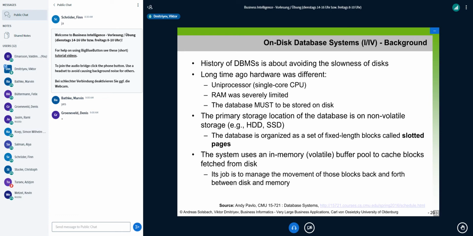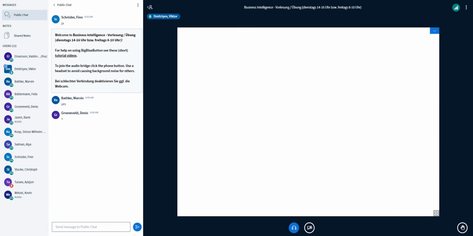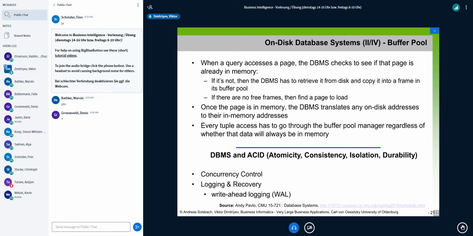So this is the background I already mentioned to you. I already mentioned this as well: the problem with the buffer pool is spinning the disk. And for instance, there is something in ACID, and particularly there is something like write-ahead logging. It's a technique to make sure that nothing gets lost.